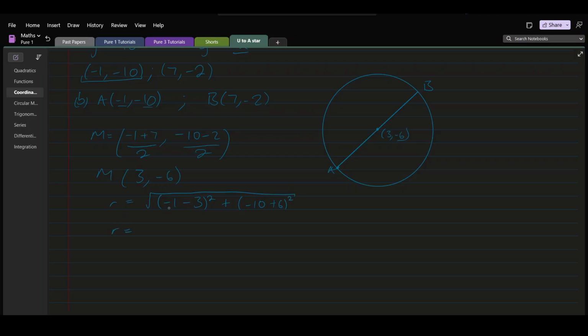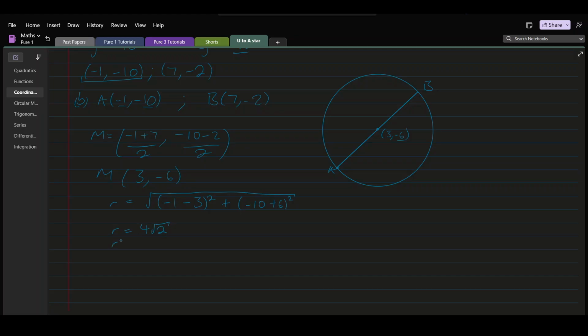Let's punch this into the calculator. That's the square root of negative 1 minus 3 squared plus negative 10 plus 6 squared, and this is equal to 4 root 2.